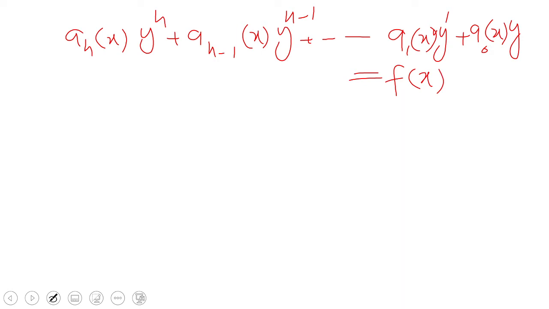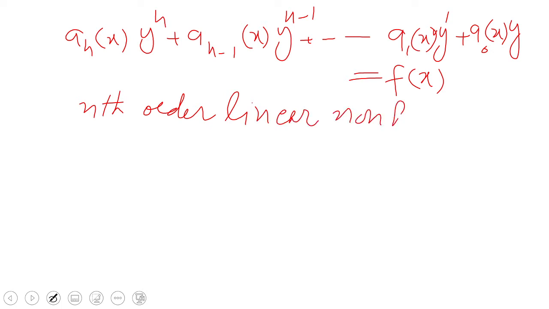So this is an nth order linear non-homogeneous ODE.